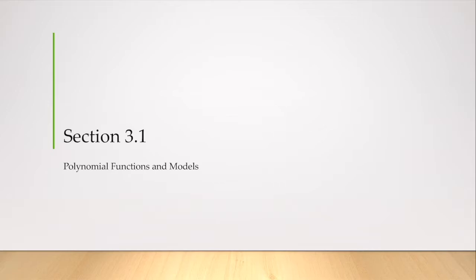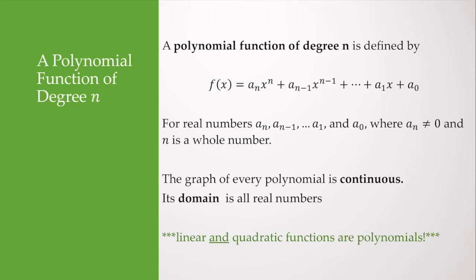Section 3.1 is about polynomial functions and models. A polynomial function of degree n is defined by f(x) equals a sub n x to the n, where a sub n is our leading coefficient and x to the n is our highest degree, and it goes on and on, where a sub 0 is our constant term, so it doesn't have a variable.